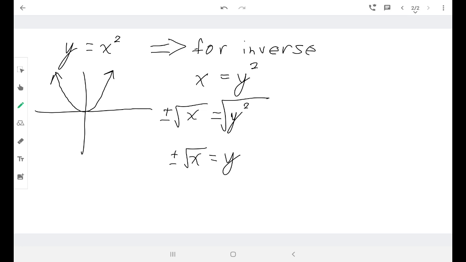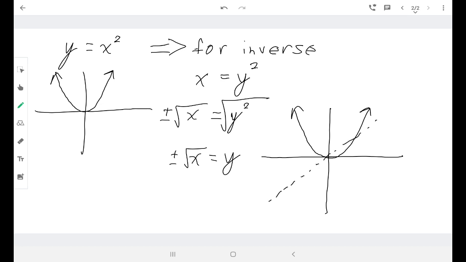Now, how would I know how to graph that? Well, let me draw that first function again, y equals x squared, and then let me put in here's that line, y equals x, and I know I've got to reflect over it.